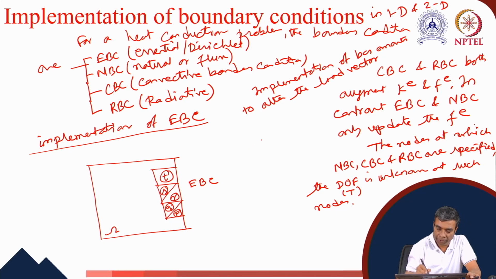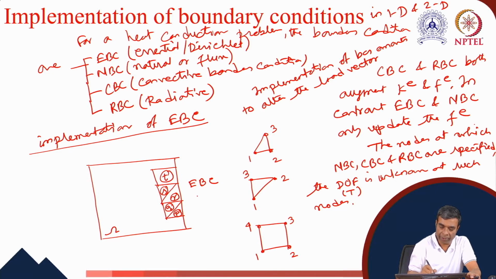Now for the triangular element, we have local node numbers in this fashion, 1, 2, 3. We can also use for this kind of orientation 1, 2, 3. All these have been discussed in our previous classes. For the quadrilateral element, our local node numbering is 1, 2, 3, 4 in the anti-clockwise manner.